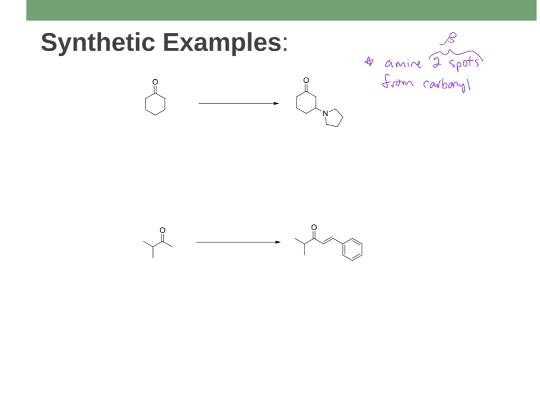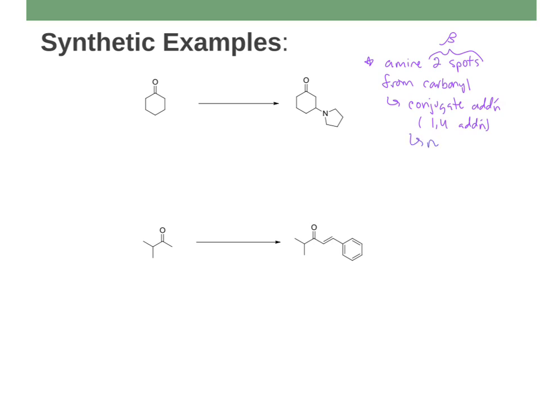It's beta from the carbonyl, which makes me think maybe I need to do some sort of conjugate addition, you know, that 1,4 addition. And I know how to do that, but I know I need an alpha-beta unsaturated system, which I don't have, right? The starting material is not alpha-beta unsaturated.